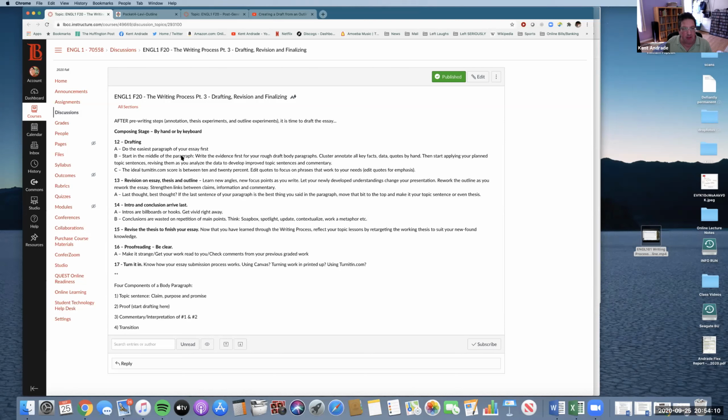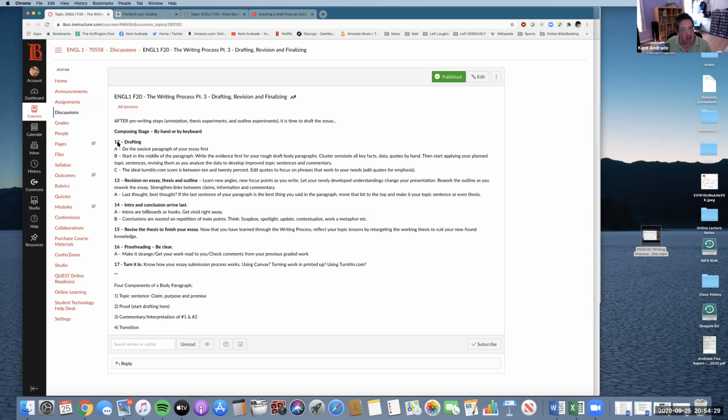So we want to make sure that we keep our outline handy as we move from the outlining stage to the drafting stage. You'll need to refer to it on repeated occasions.